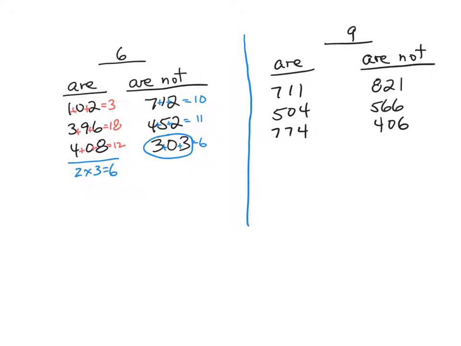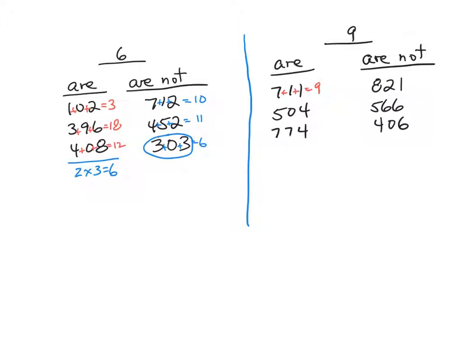The last divisibility rule we will look at is the divisibility rule of 9. So take a look at the three numbers to the left again and see if you can see any common characteristics. As you take a look at those three numbers, once again, when you add up the digits, you get something that is divisible by 9.